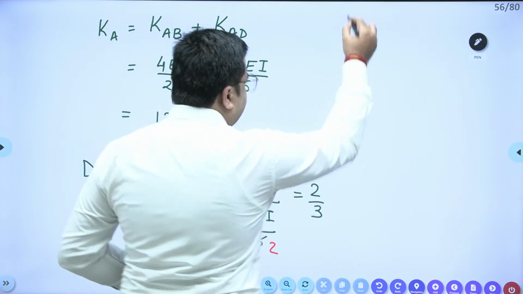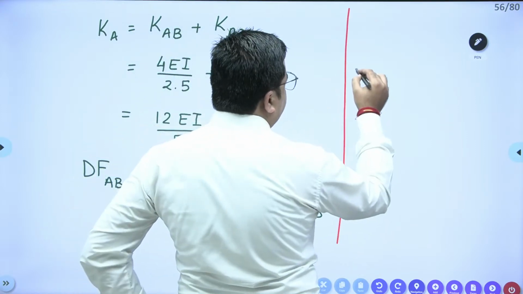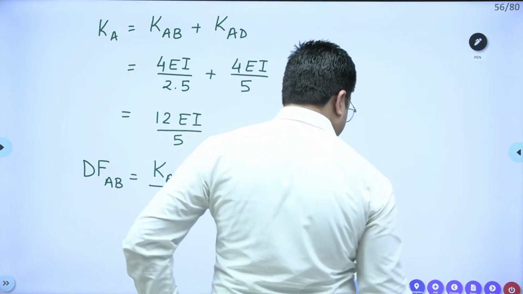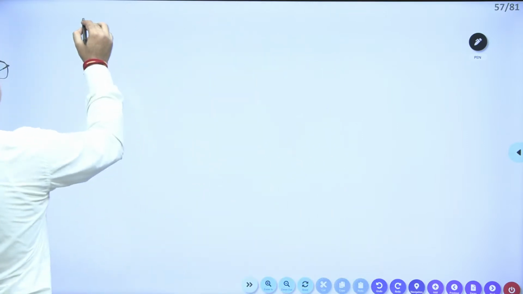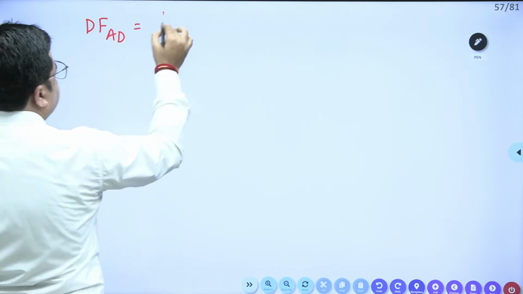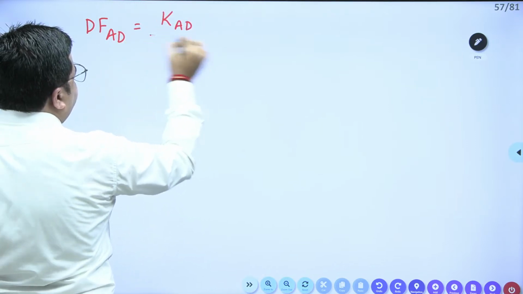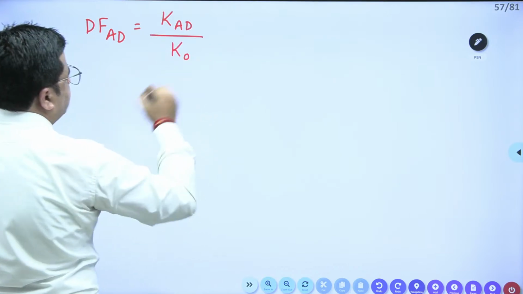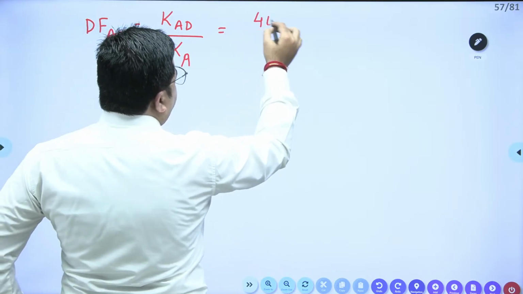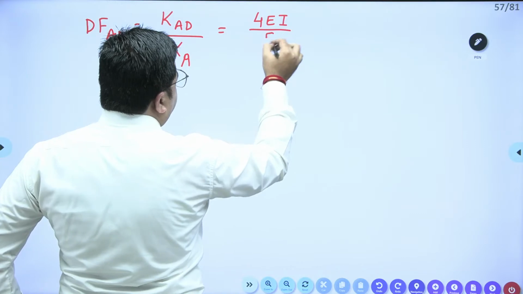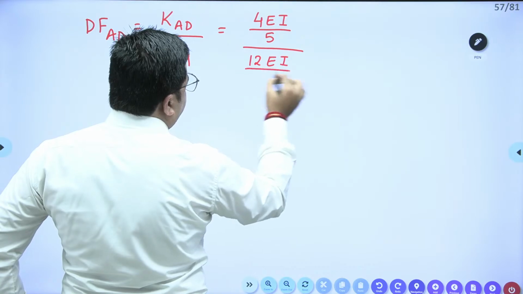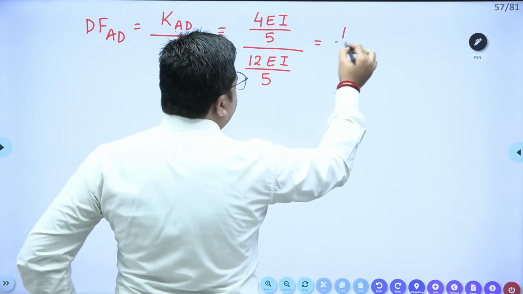For member AD, the distribution factor is equal to the stiffness of member AD divided by the stiffness of the joint A. So this is 4EI by 5 divided by the stiffness of the joint A, which is 12EI by 5. So this comes out to be 1 by 3.